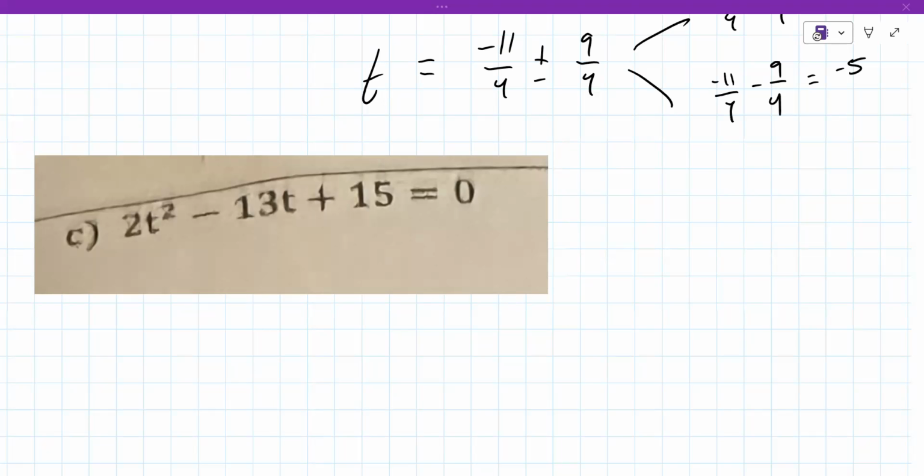So you get 49 over 16. And you get 7 over 4. Wait. This doesn't work out nicely. I'm sure there's just a small thing.